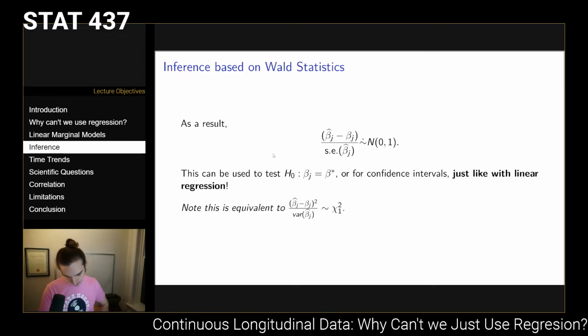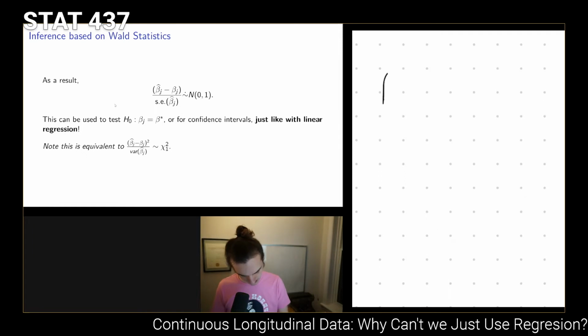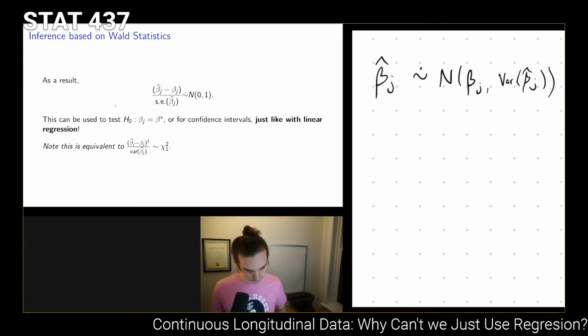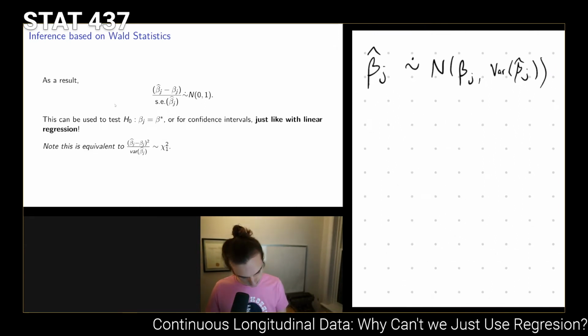So to remind you of that, if we have our beta hat j, and we're saying that beta hat j is approximately normally distributed according to beta j with some variance term, which we'll just call var of beta hat j, then we can develop, say, a 95% confidence interval for beta j by taking beta hat j plus or minus 1.96 times the standard error of beta hat j.